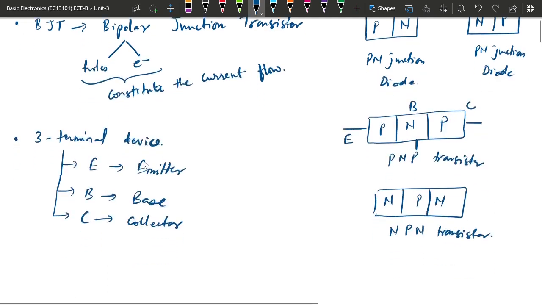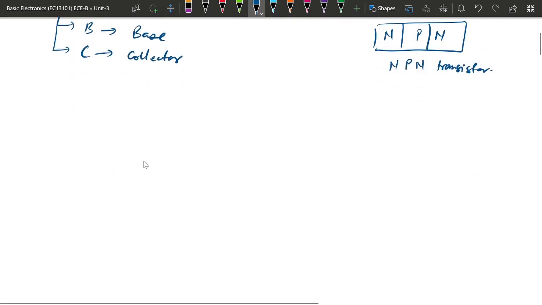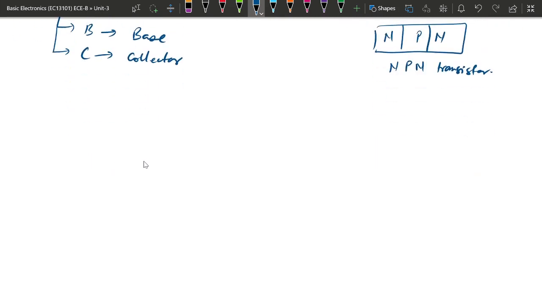Okay, so each of these regions has its specific function, and also some specific properties. We can write here, suppose this is a transistor, the collector region is having the highest width.